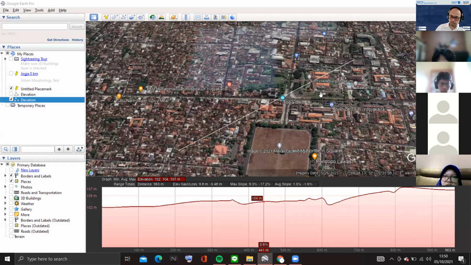So you can use this data here to help you explain the typical contour in that particular area. You can say that it doesn't have that much difference in elevation, or the difference in elevation is not too extreme.